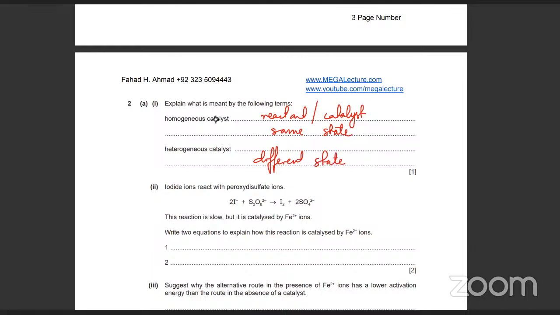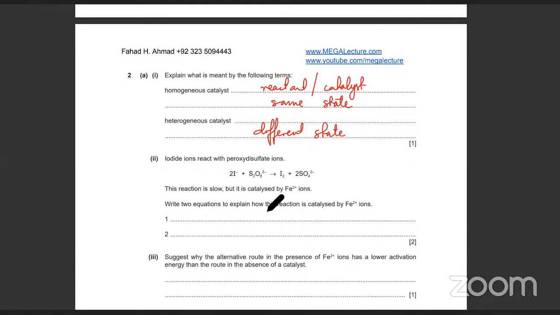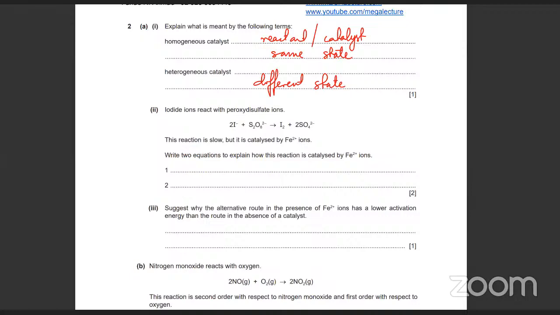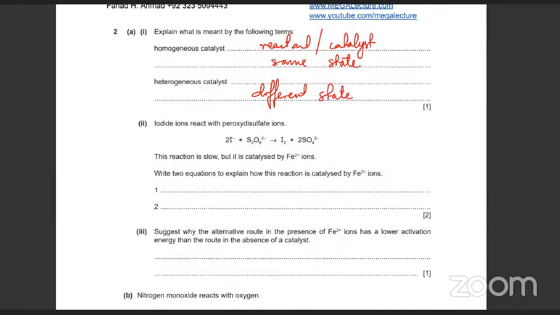This particular reaction, the iodide and S2O8 2- reaction, you have to remember as the example for a homogeneous catalyst. So he's asking you to write the two equations to explain how Fe2+ acts as a catalyst in this reaction. This one example you have to remember, all of this.